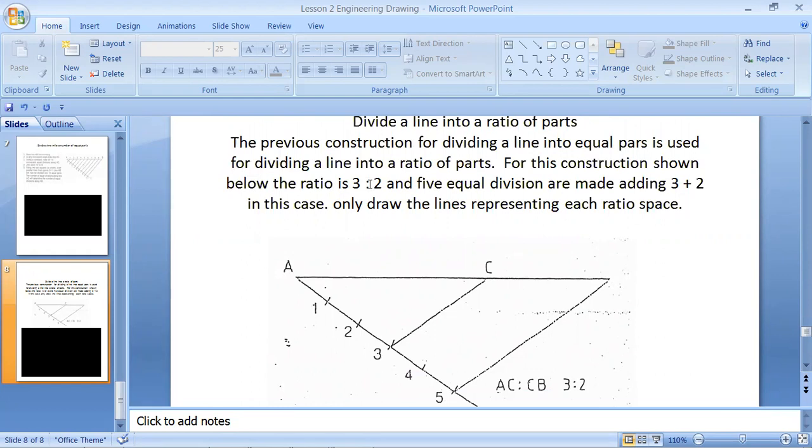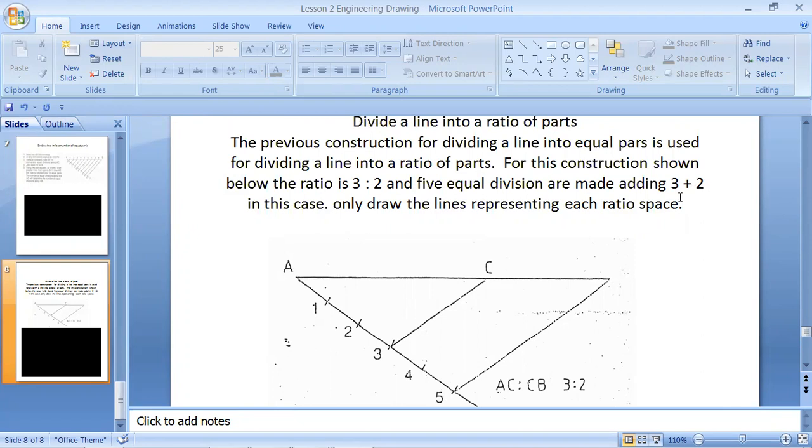When you have the given ratio, the first thing you need to do is add the values of the ratio given. Here we have a 3 and 2. We say 3 plus 2, which is equal to 5.